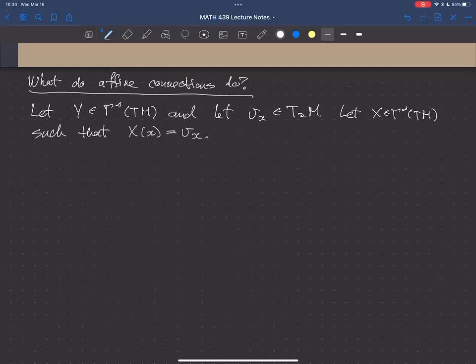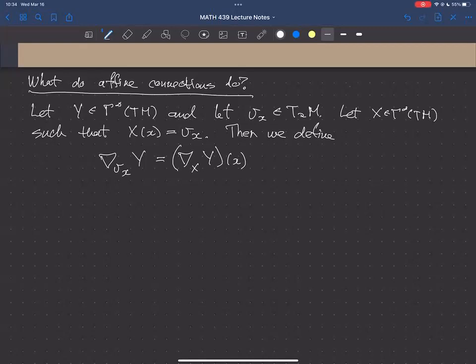Okay, so then we can define nabla V_x Y to be nabla_X Y, all of this evaluated at x. Okay. All right. So you have to check that this definition makes sense.